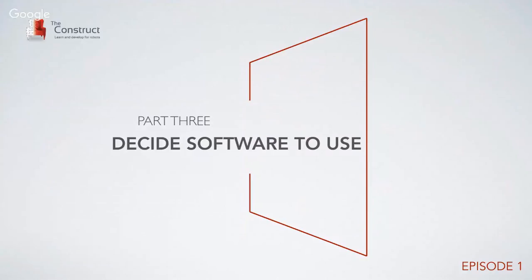Okay, so part 3 is the final part of this first episode. It's about deciding the software to use. Up to now we have decided what the robotic product has to solve, the task to solve, and in which conditions, constraints, and skills it will and will not have.